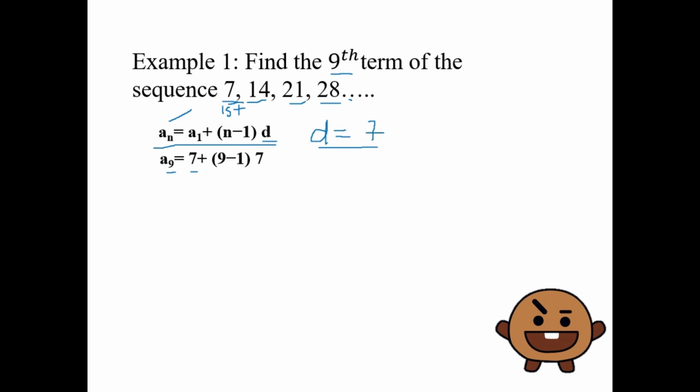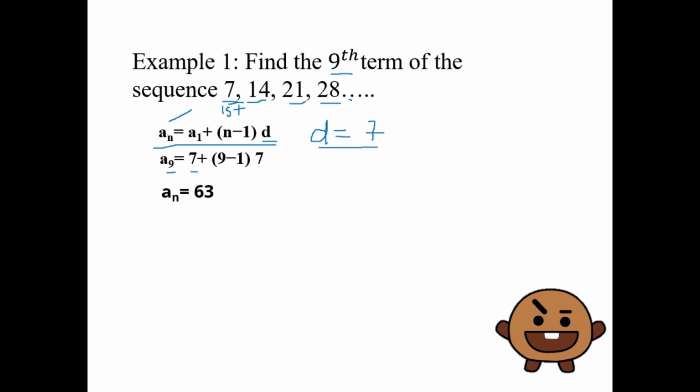But if you are not, you can make use of your available calculators there at home or wherever you are right now while listening to this discussion. Afterwards, we are going to simplify and then do the operation. As you do that, that is equal to 63. Again, make use of your calculator if you are not very certain with your mental mathematics.